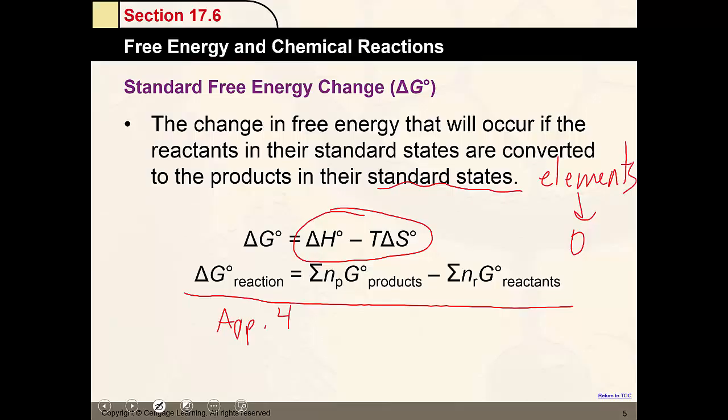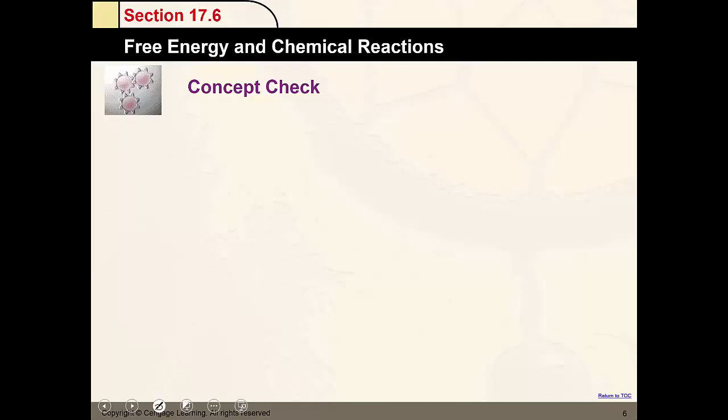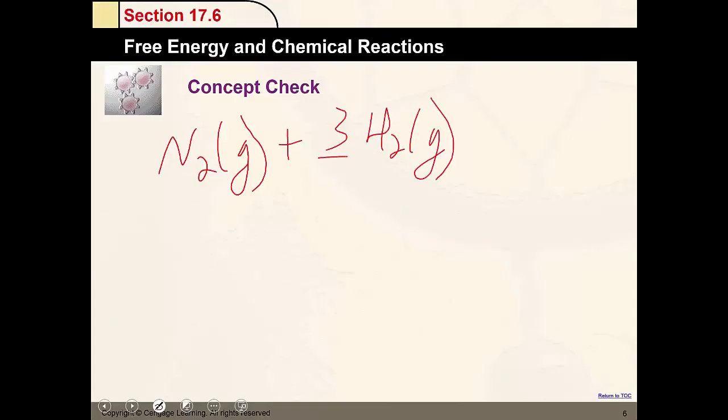You have the individual values of each of the products and reactants, and then from that you can calculate the delta G of the reaction. And so for a reaction like this, let's say we have the production of ammonia. So we have that.